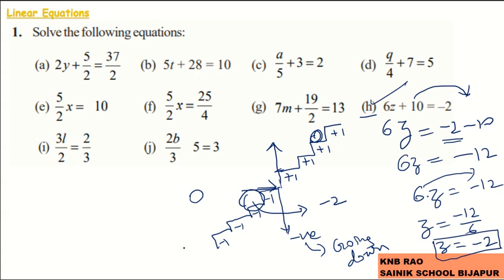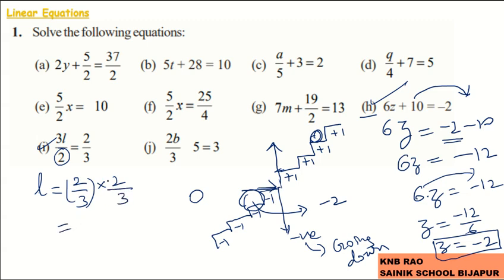Now coming to part I, here 3l by 2 equals 2 by 3. Here, in 3l by 2, the variable l is multiplied by 3 and divided by 2. So I will keep l as it is, and to the right hand side I will transpose this divisor, which will be multiplied, and this multiplicand, which will divide.